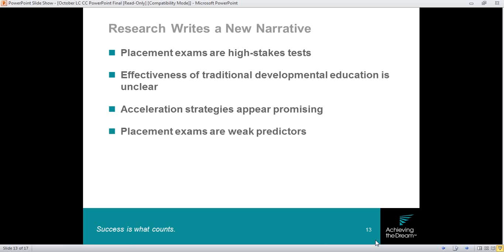Then the fourth point here, and this one Gretchen alluded to, as did Carol, and this has gotten a lot of attention, but I'm suggesting it's part of this bigger package. The placement exams really are not very strong predictors of how students are going to do in college. In the case of English, the score explains only about 2% of the variance in students' performance.